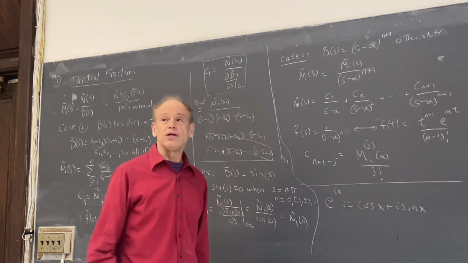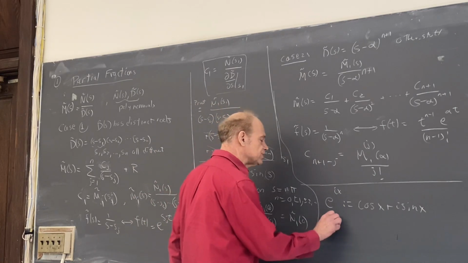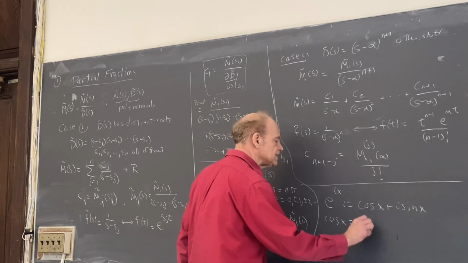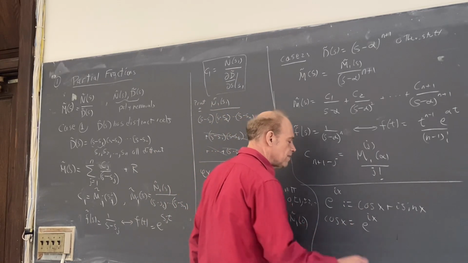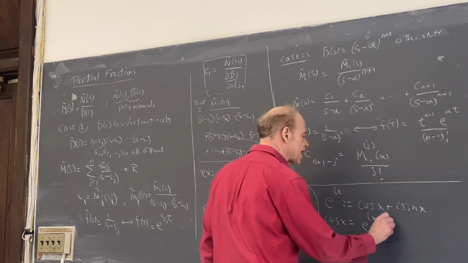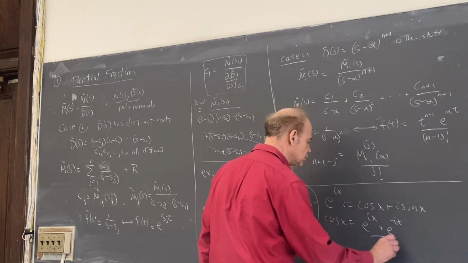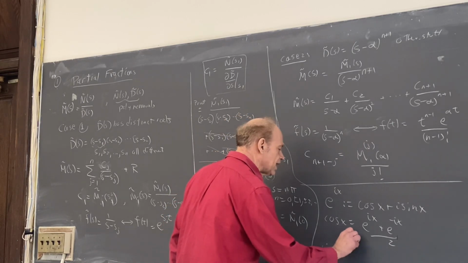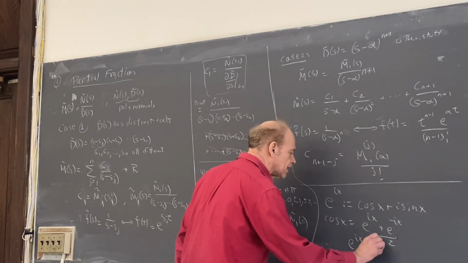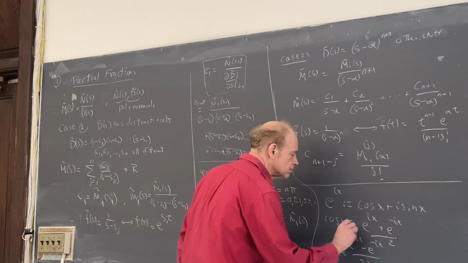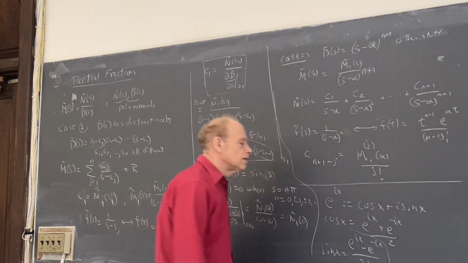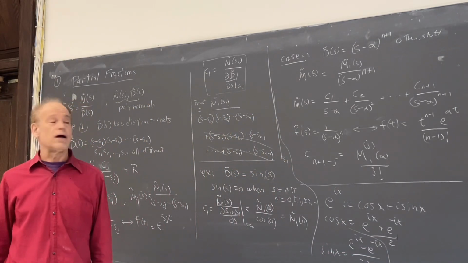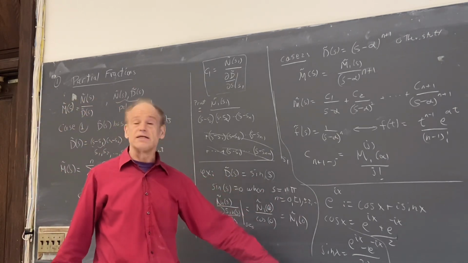And from that you can easily find that the cosine of x is equal to e to the ix plus e to the minus ix over 2, and sine x is e to the ix minus e to the minus ix over 2i.